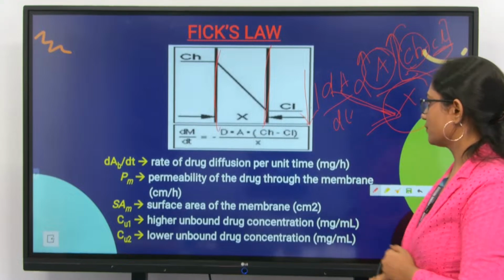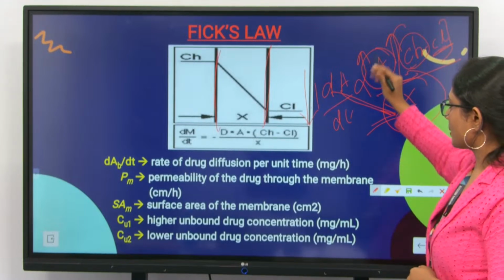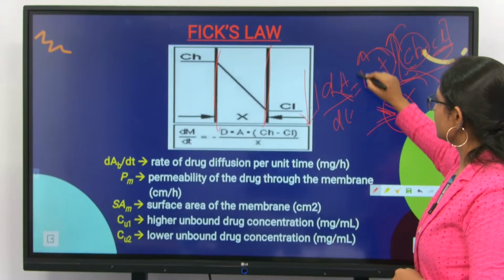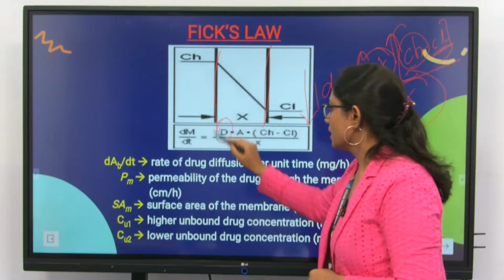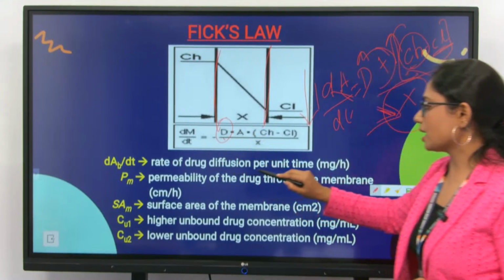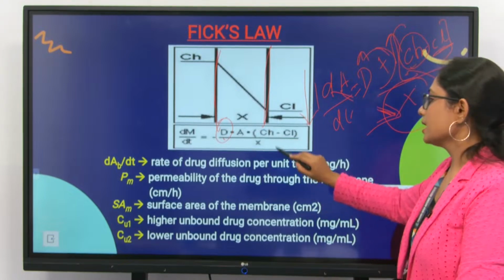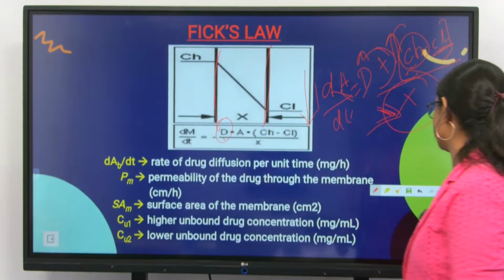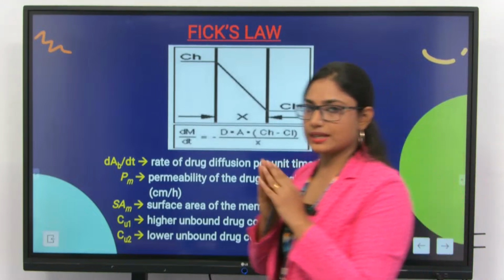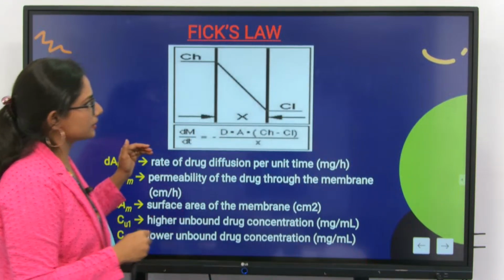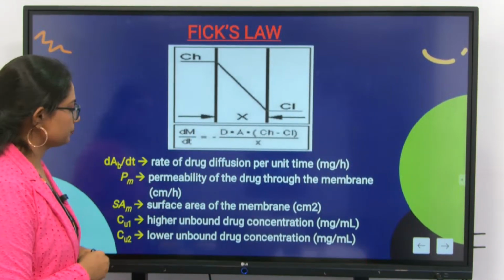So this is Fick's law, dA by dt. This proportionality is changed with D, the diffusion coefficient: diffusion coefficient into surface area into concentration difference divided by thickness. So that is Fick's law. Dissolution is governed by the Noyes-Whitney equation and diffusion is governed by Fick's law.